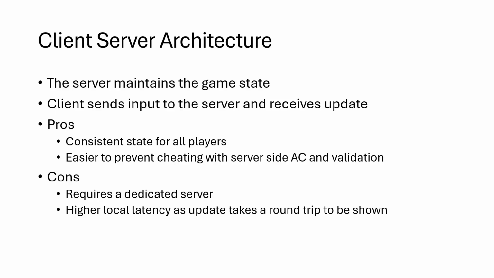There's also a higher local latency because here we need to introduce a concept called the round-trip latency. What a round-trip latency means is the time taken for a network request to go from the local device, the client, to the server and back. So this is one round trip.